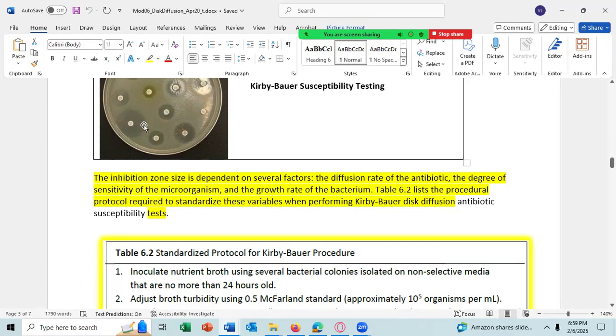The growth rate of the bacterium will also affect the zone of inhibition. The faster the bacteria grows, the larger the zone of inhibition. And then a few other variables can also affect the size of the zone of inhibition.